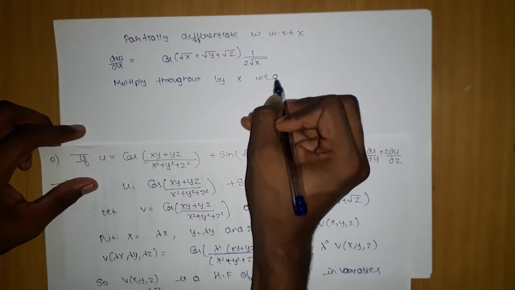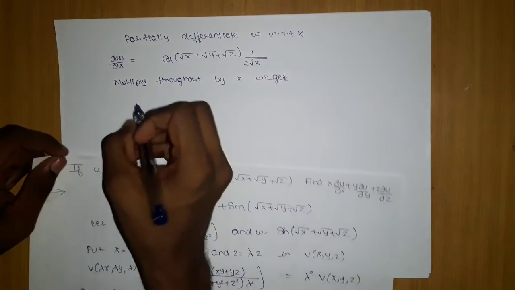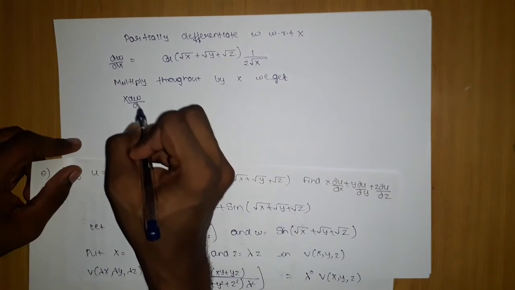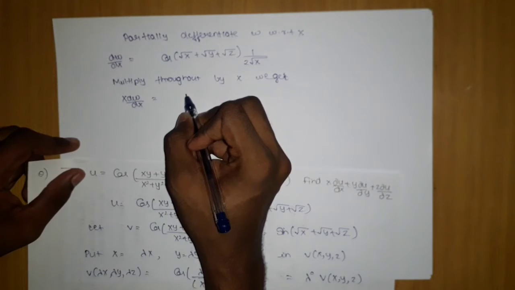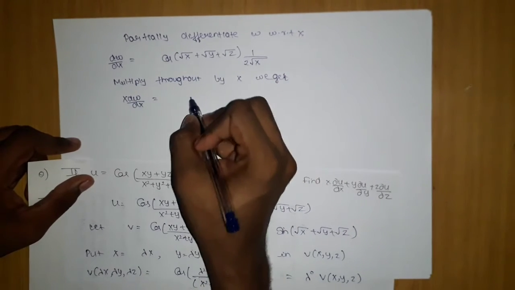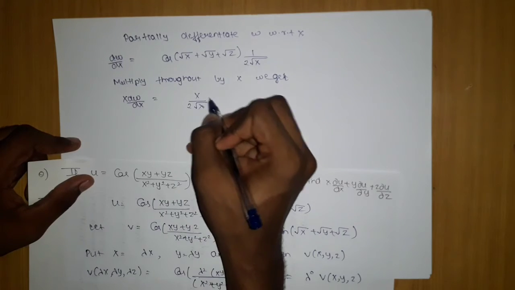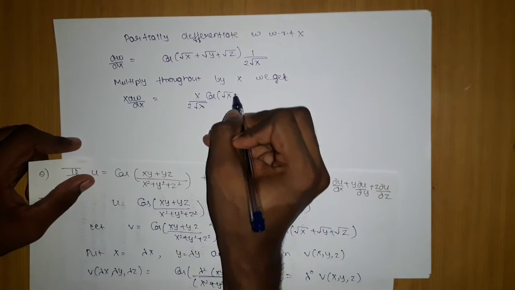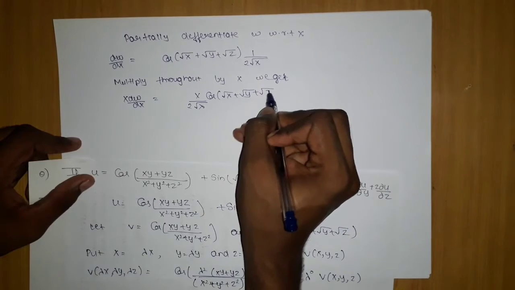We get x ∂w/∂x equals to, if I multiply it with this thing, x by 2√x into cos(√x + √y + √z).